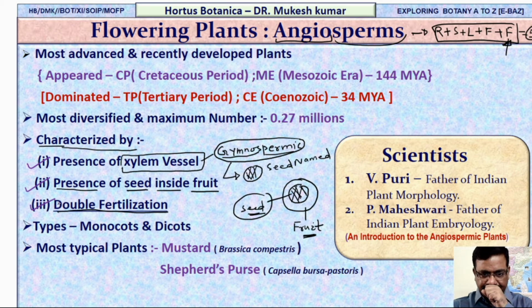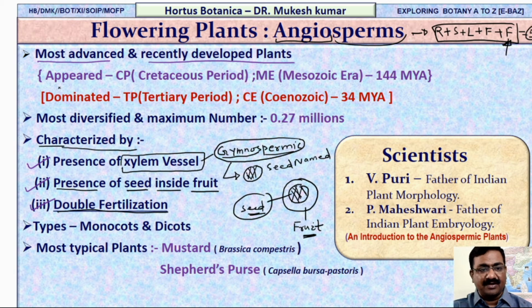Now try to locate when the angiosperms came on the earth, came into existence, right? So we are talking about the origin, the appearance as well as the dominance of angiospermic plants on the earth. Angiospermic plants are the most advanced and recently developed plants. The most primitive are algae, and the most advanced are angiosperms.